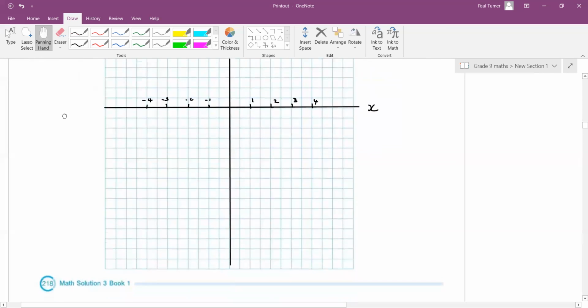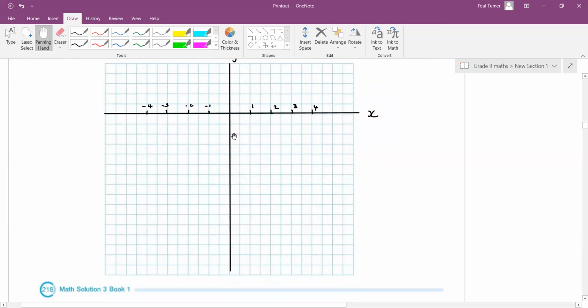I think that would be too far, so we're going to have to do it 1, 2, 3, 4, 5, 6, 7, 8, 9, 10, 11, 12. So down to minus 12 here. And 1, 2, 3, 4, like that. So I had to change the scale, but you can do that.